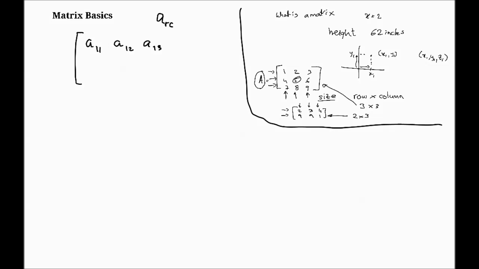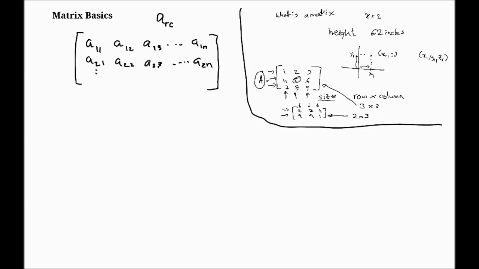First column, the first row is row 1. And this goes on till n columns. Now let's look at the second row. Second row would be A 2 1, 2 2, 2 3, and 2 n.